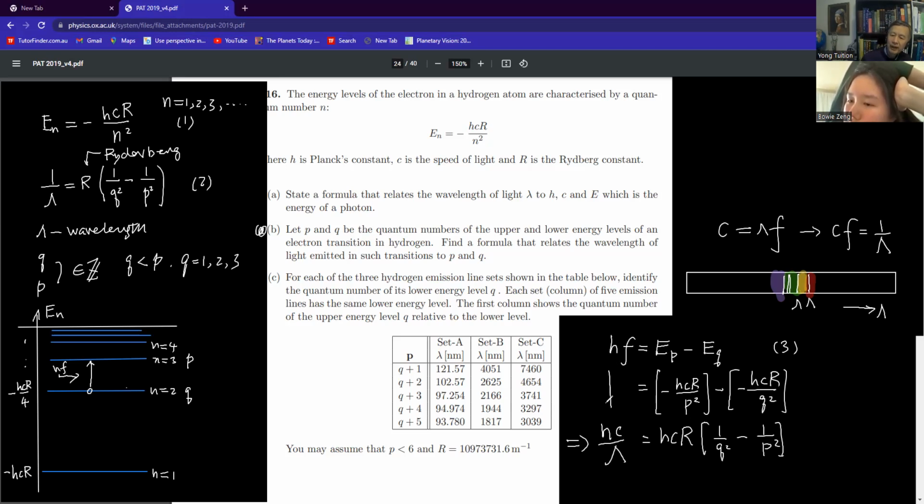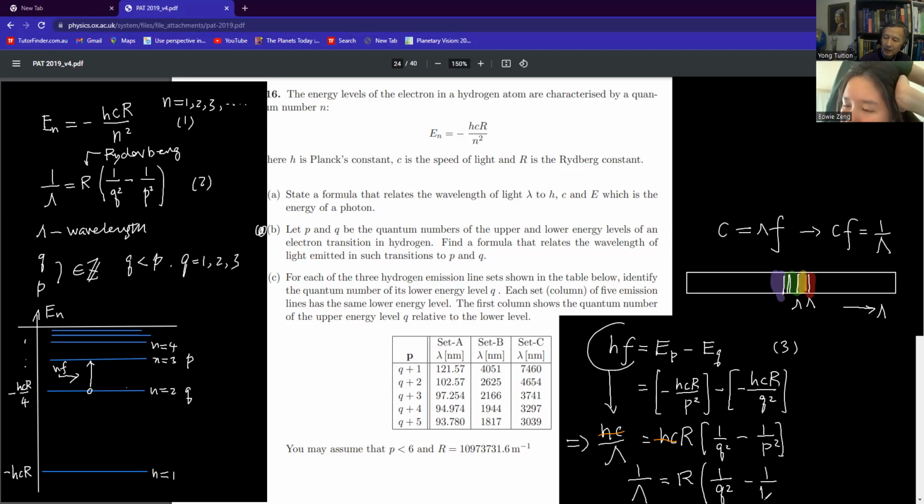In other words, this one will equal to this one. With a little bit of algebra, you just cancel this hc. In this way, we derive the formula originally derived by Rydberg more than 20 years before Bohr. So that is R, which is our equation 2.